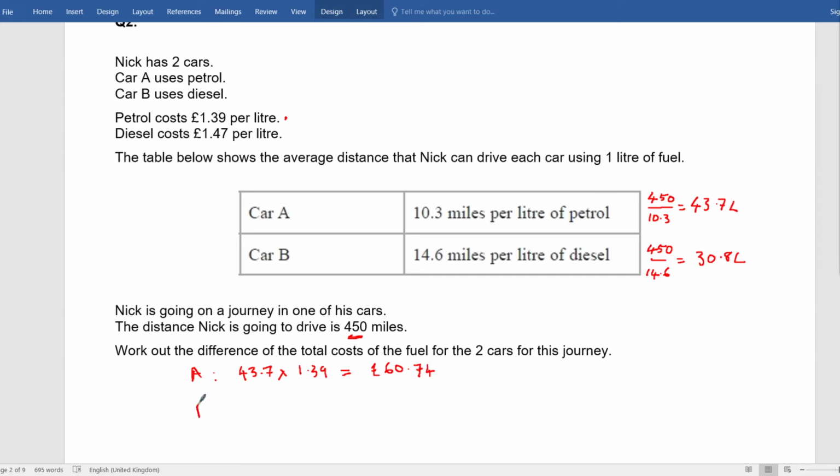And car B, we're using 30.8 litres, and each litre costs £1.47. So again, we can use calculator here, 30.8 multiplied by 1.47.